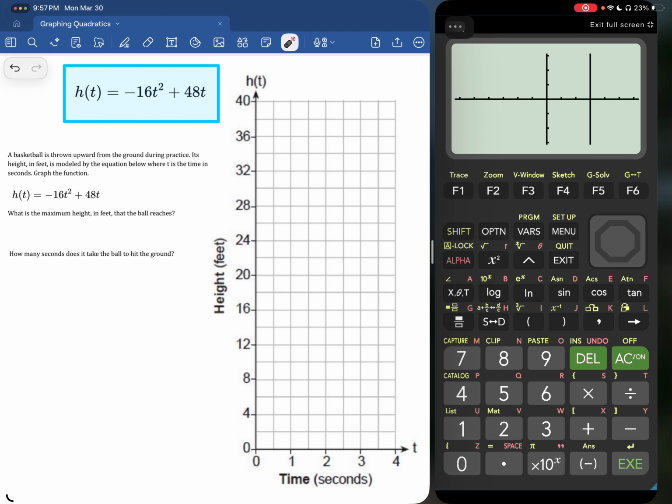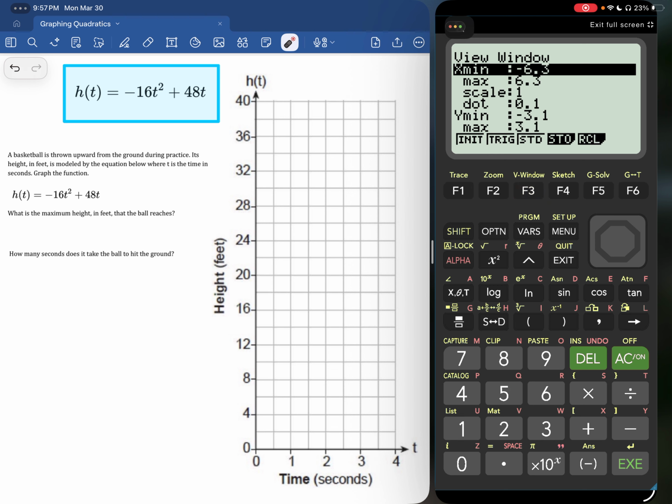To fix this, you want to hit F3, and we're going to make our x min 0 because we're starting off at 0. And then we're going to make our x max 4, right? And that's because we're going to 4 on the x-axis.